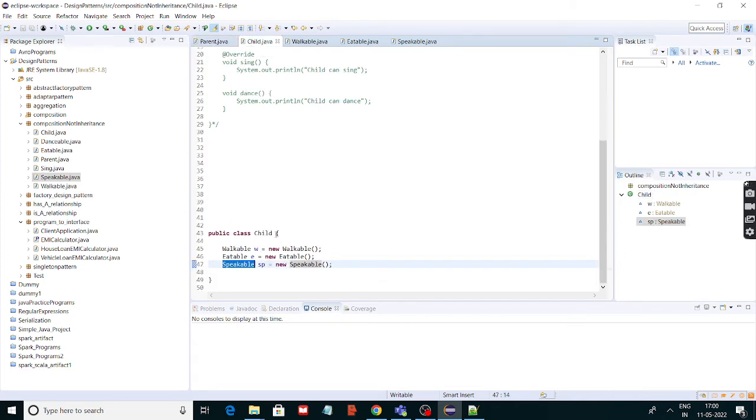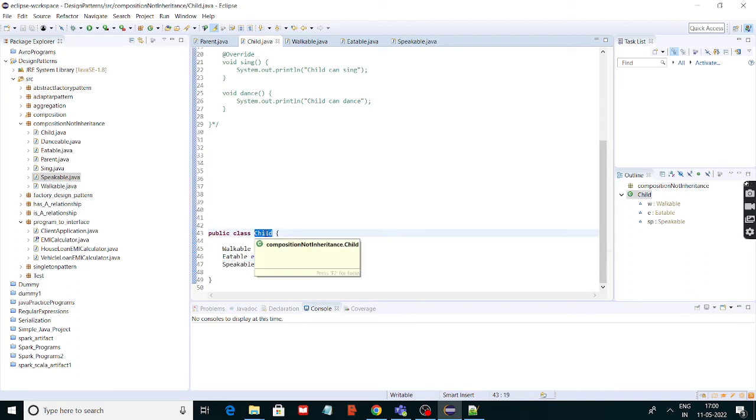But in inheritance, we have seen that the child also should adopt this skill because the parent has adopted it. But here in the case of composition, it is not the case because it is not an is-a relationship. It is a has-a relationship. Let me repeat, composition is a has-a relationship.